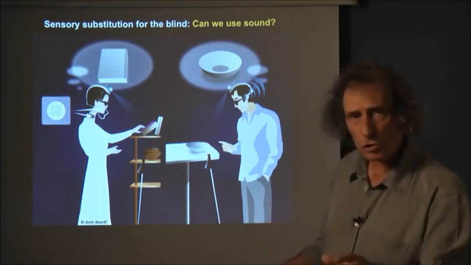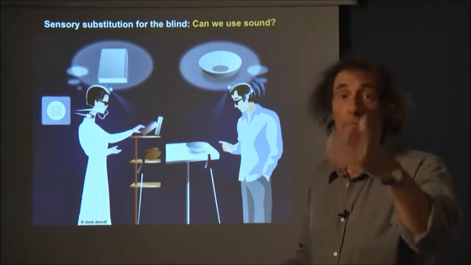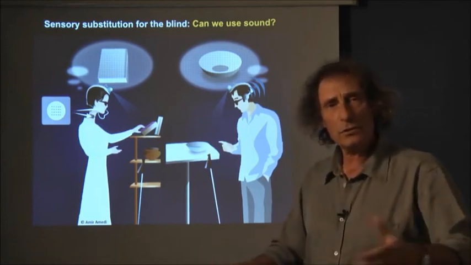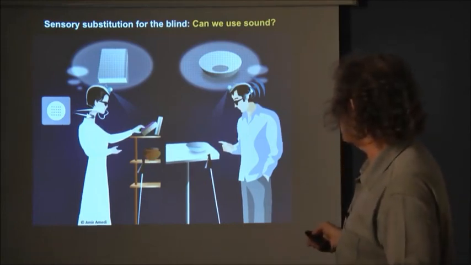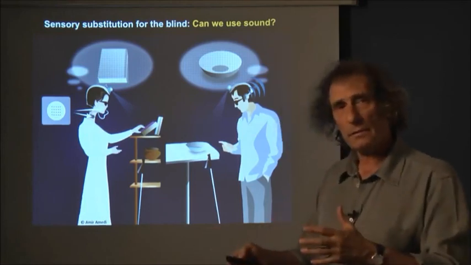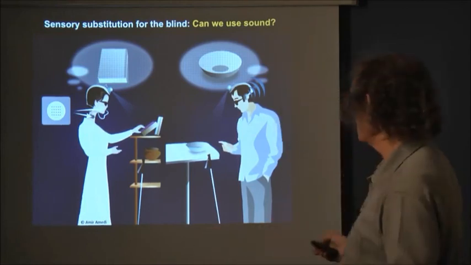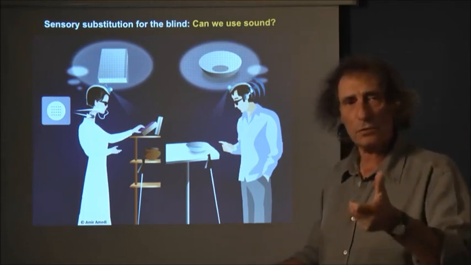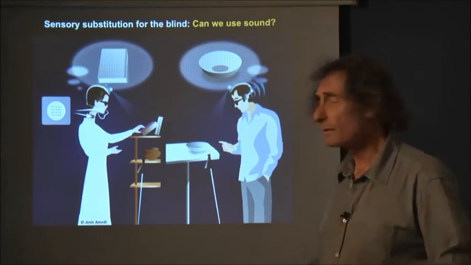So this is the substitution of the normal visual capability to see letters, to see writings, with the touch. But can we use another sense? That's the question of Amir Amedi. Can we use hearing to substitute for blindness?